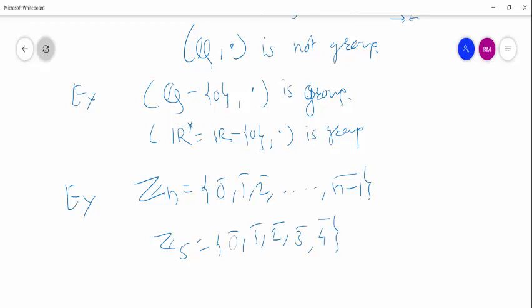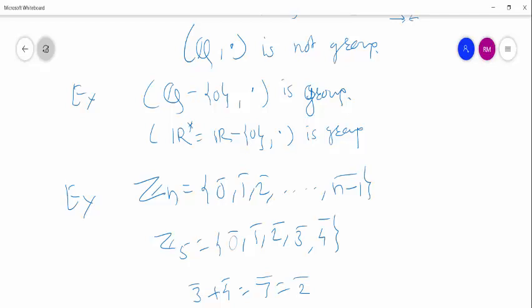What is the property under addition? Suppose 3 bar plus 4 bar. Let me revise this concept, that is 7 bar. But what is 7 bar in Z5? It means the remainder when 7 is divided by 5, that is 2 bar. So the addition of 3 bar plus 4 bar is 2 bar.